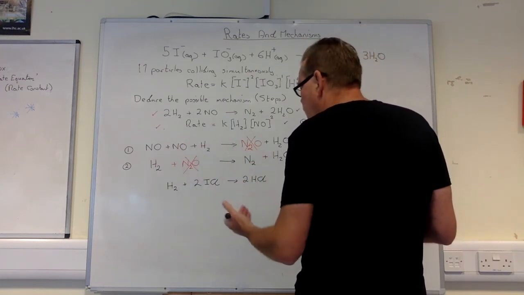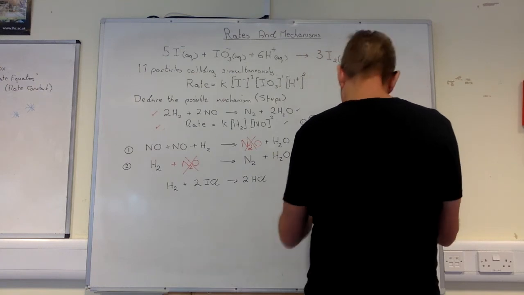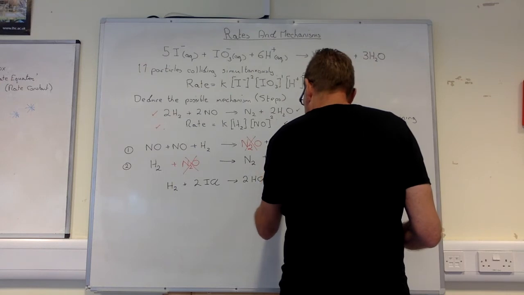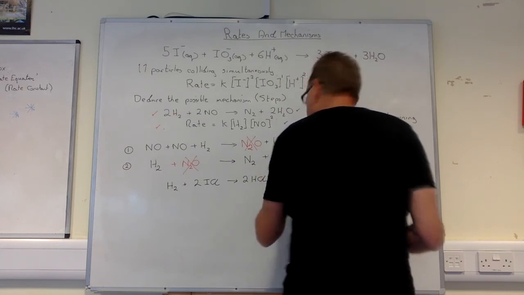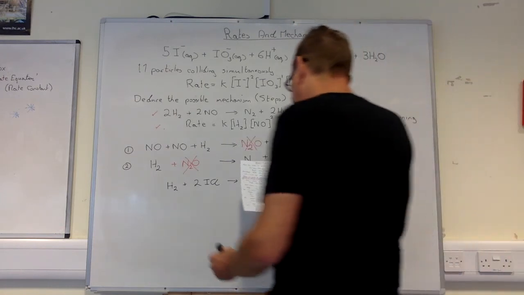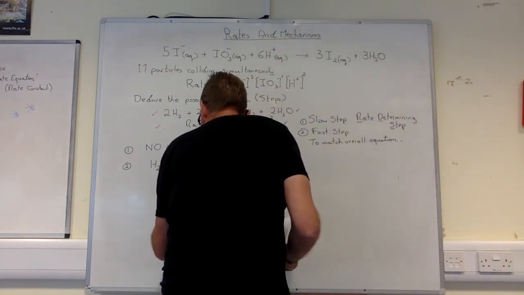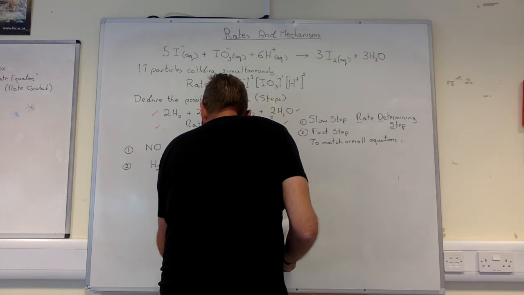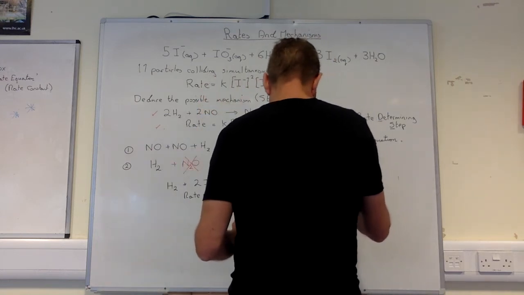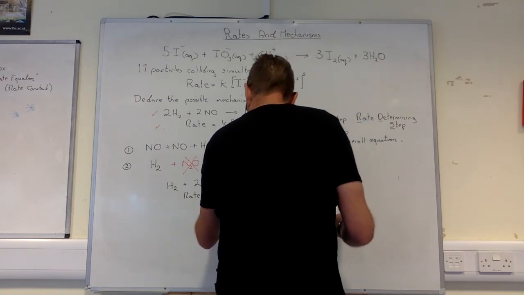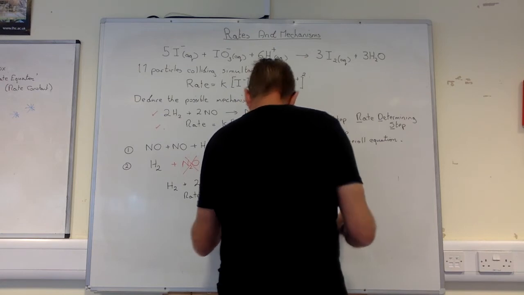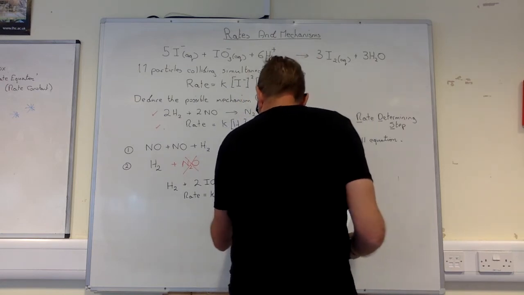There are always different ways to do these, okay? But anyway, hydrochloric acid, 2 of them, plus iodine. Overall reaction right there. That was analysed, and this was the rate equation that was discovered. Rate equals H2 ICl.